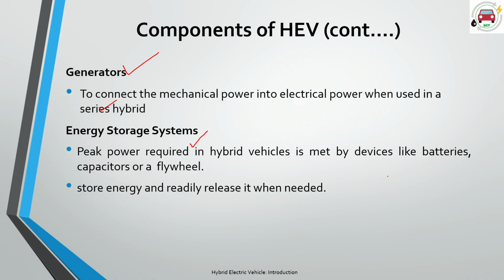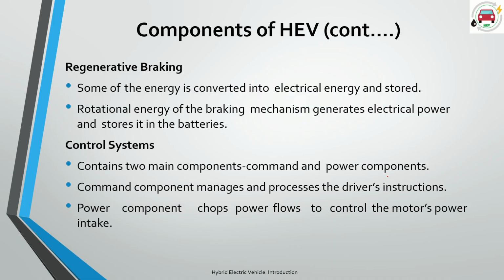They store energy and readily release it whenever it is needed. That is the function of the flywheel. Okay, energy storage system: capacitors, batteries, and flywheels. Generally we use batteries for storing the power.